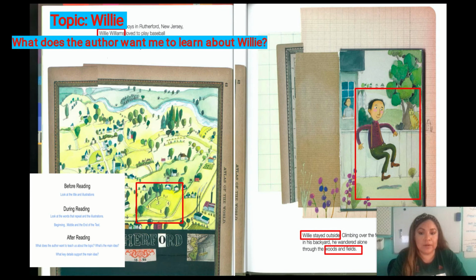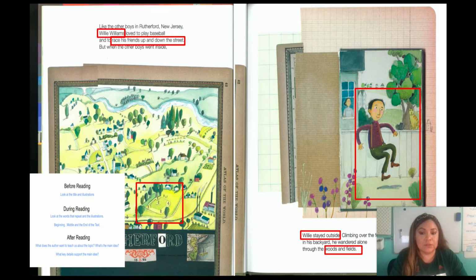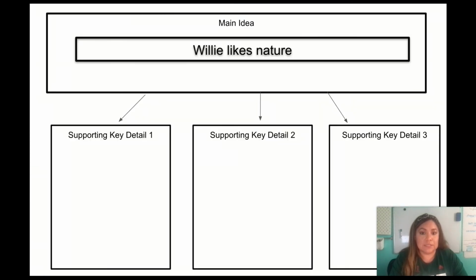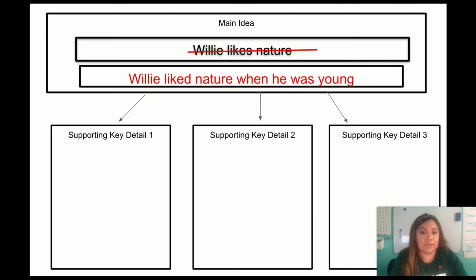Now on my second part after reading, it says what key details support the main idea. So not only do I want to find what these 2 pages are mostly about, but I also want to support my main idea with key details. What are some details that tell me that Willie liked nature when he was young? And for this part, I'm going to show you 3 key details.